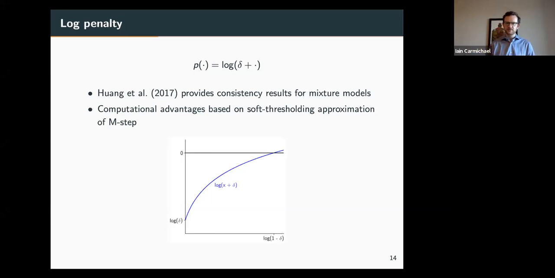So we have some theoretical reasons to think this might be a good idea. We of course can't use lasso due to the sum constraint, and there are some computational advantages to using this log term. In particular, there's a soft thresholding approximation of the M step that's been proposed as a heuristic in the literature, and I'll talk about that.